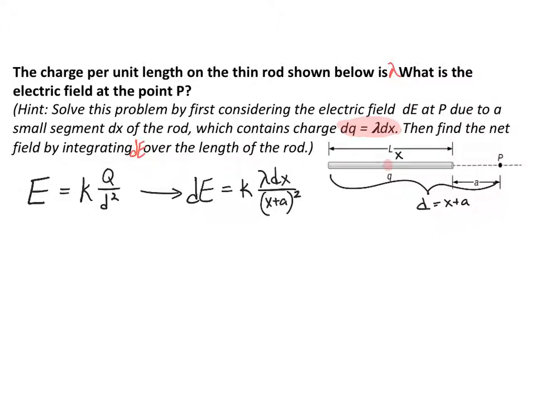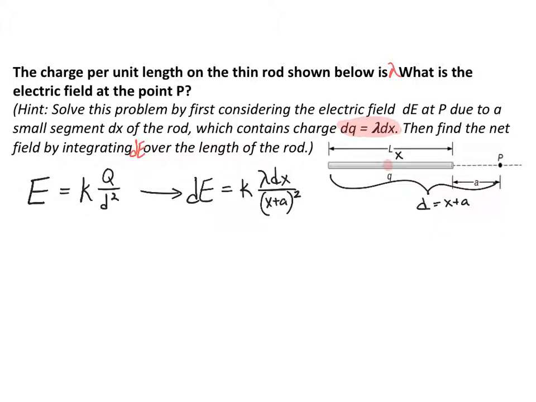So if we want to integrate, it tells us what to do here. Find the net field by integrating this differential of the electric field, this little tiny chunk of the field, over the length of the rod.